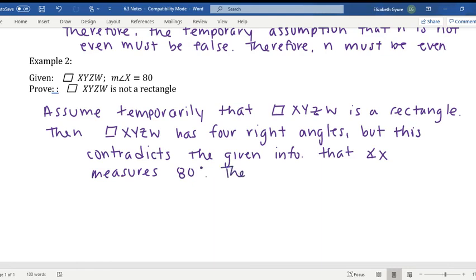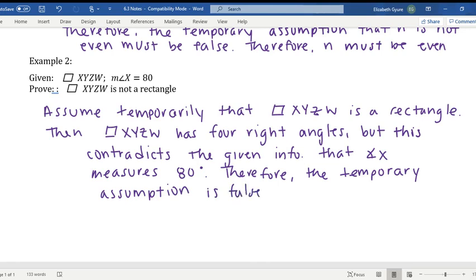Therefore, the temporary assumption is false, and parallelogram XYZW is not a rectangle.